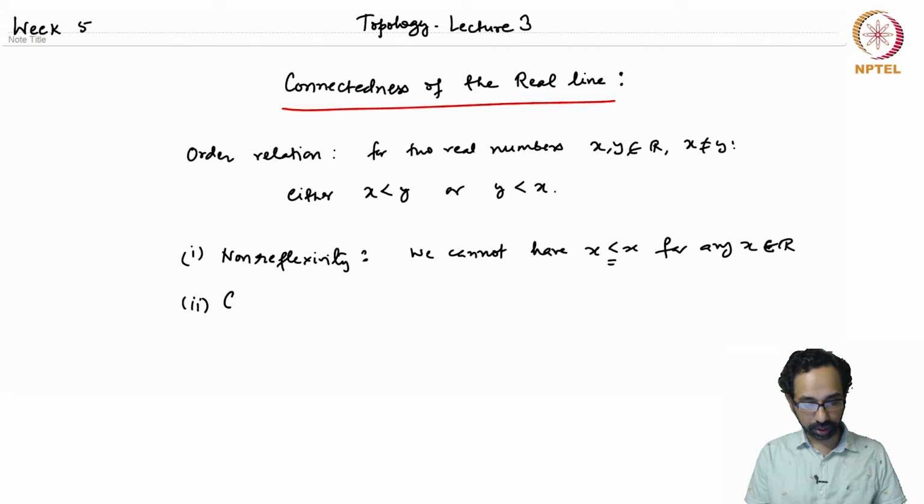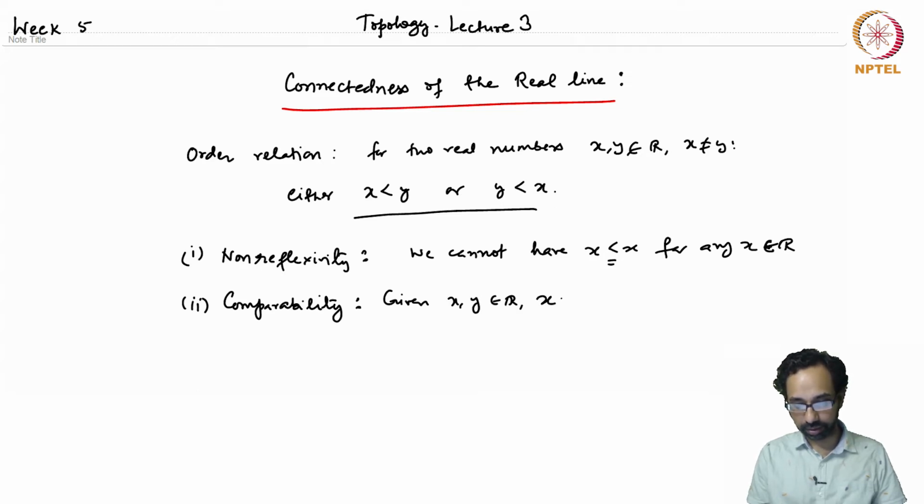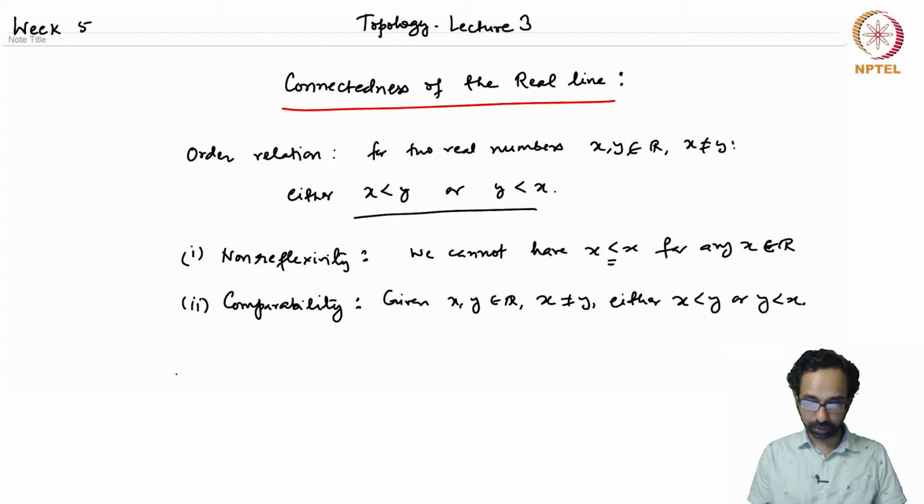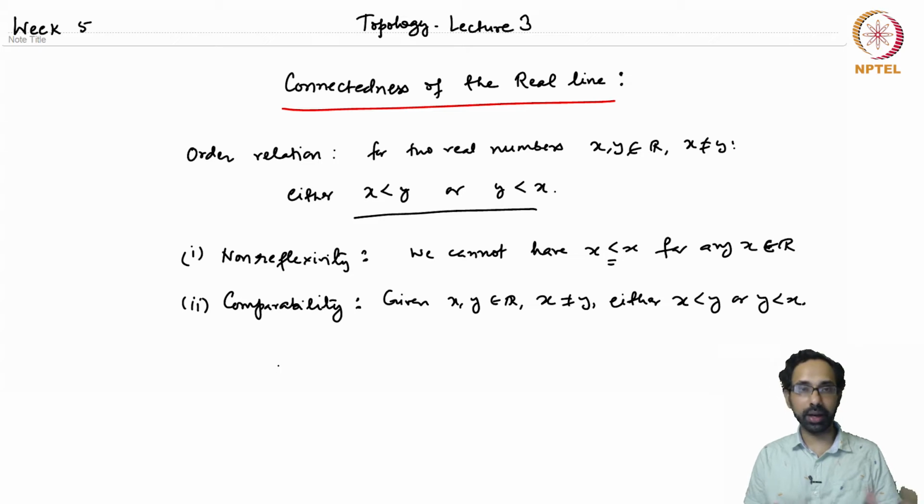The second property is comparability, which is just this thing I wrote above, that given x and y in R distinct points, then either x less than y or y is less than x. So this is called comparability. You can compare any two distinct real numbers with the strictly less than relation.